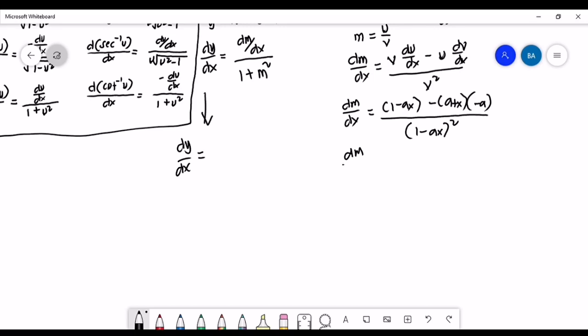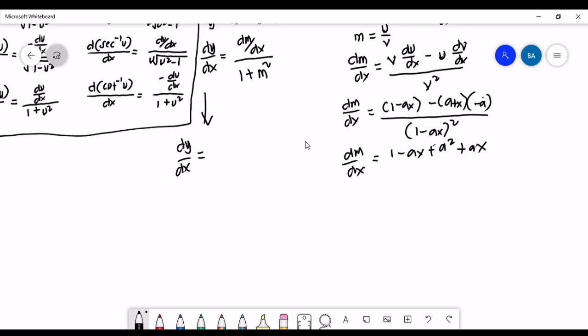So our dm over dx is equal to, in the numerator, 1 minus ax, minus, since this is a times, negative a squared, so negative times negative is positive a squared, and then plus ax.